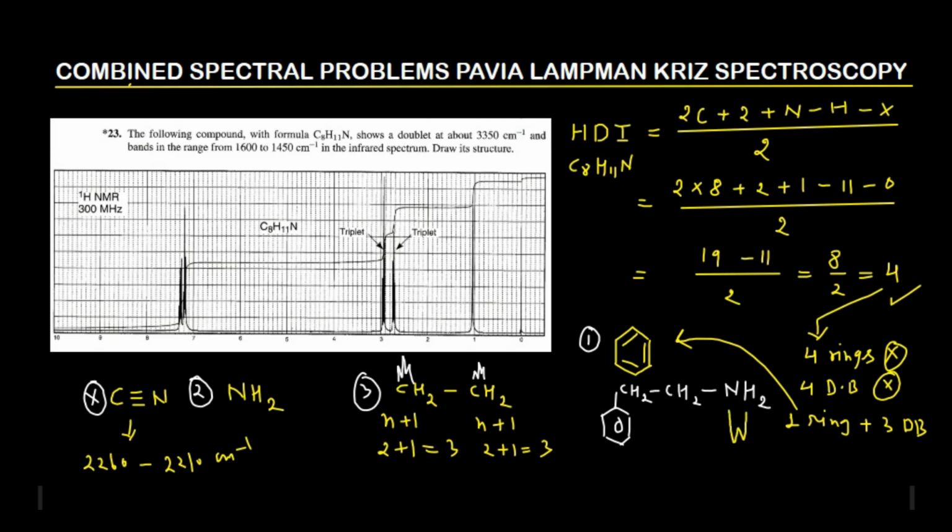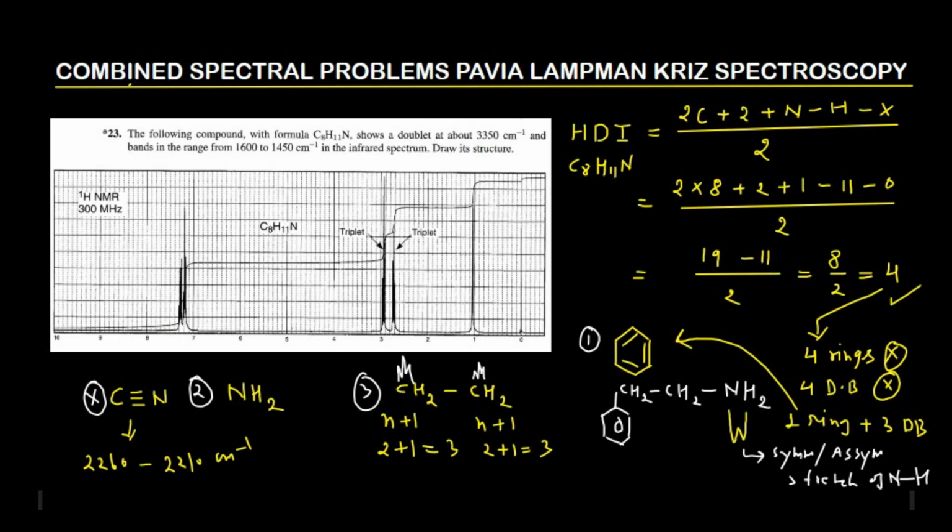Okay, so this doublet is due to the presence of the symmetric and asymmetric stretch of NH bond. Okay, so this signal which we are getting at 3350 centimeter inverse is due to the presence of symmetric and asymmetric stretch, I have confirmed this thing.